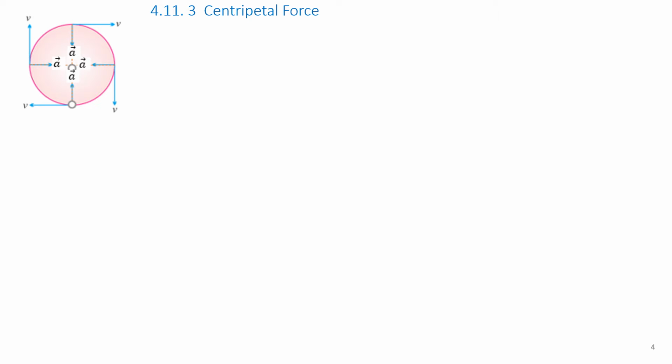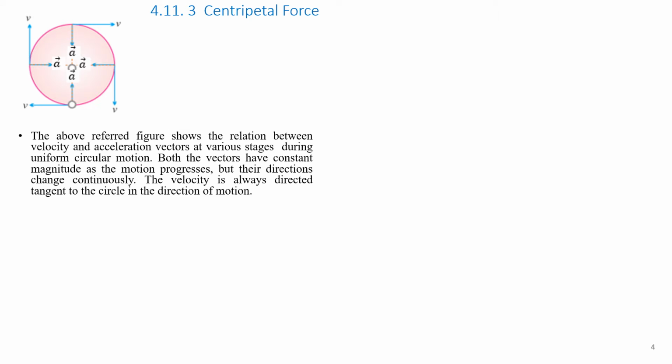After defining centripetal acceleration, we now move on to define centripetal force. Please see the diagram shown here. The above referred figure shows the relation between velocity v and acceleration vector a at various stages during a uniform circular motion.